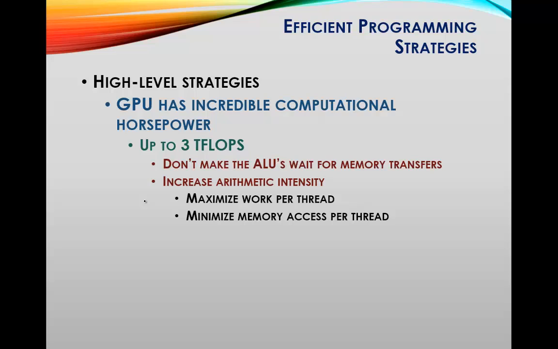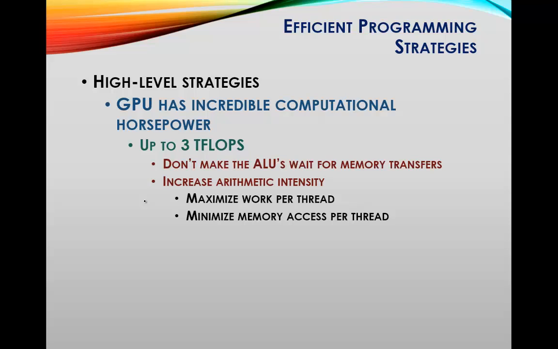Once you take care of that, you want to make sure that you increase arithmetic intensity. There are two facets of arithmetic intensity that you can increase when working with your calculations and operations. One idea to improve arithmetic intensity is to maximize the work that is done per thread. So you don't want a thread that basically pulls up data, multiplies it by 2, and then stores it somewhere else.